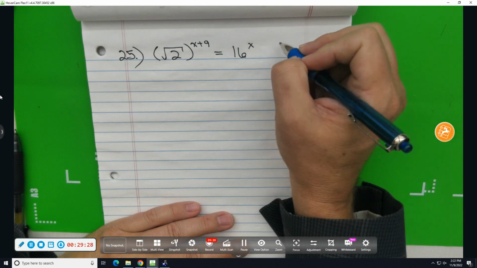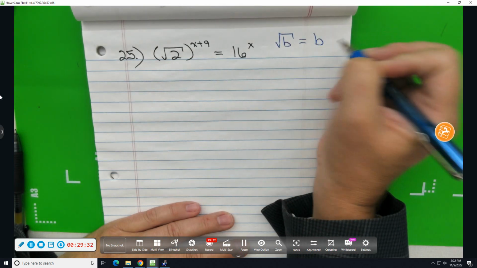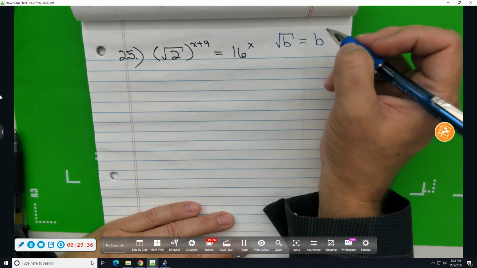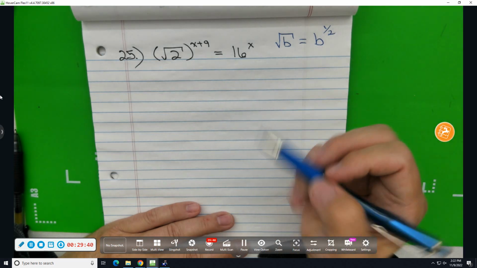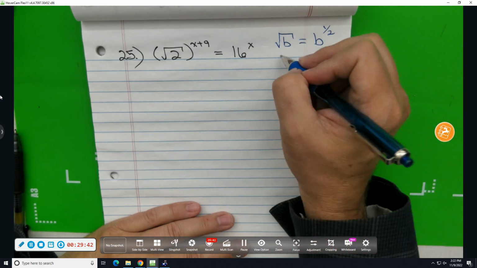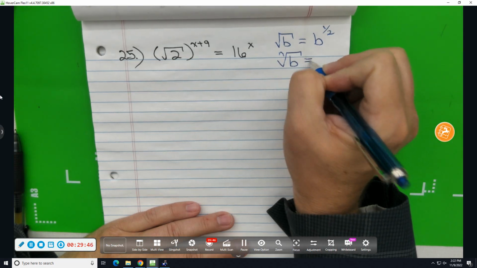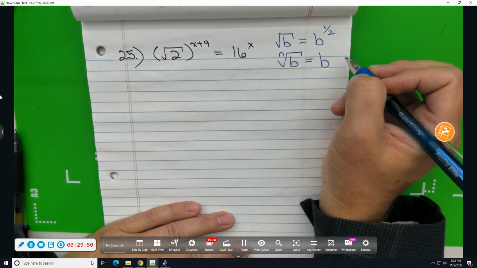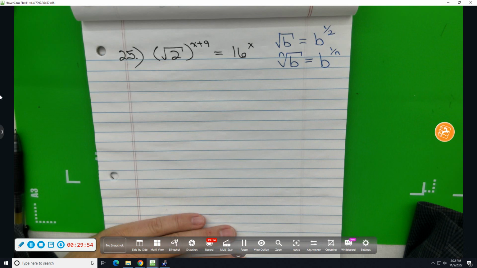Remember, we said the square root of b is the same thing as what exponent? 1/2. I agree. The square root of b is the same thing as b to the 1/2, and in general, the nth root of b is the same thing as b to the 1 over n power.